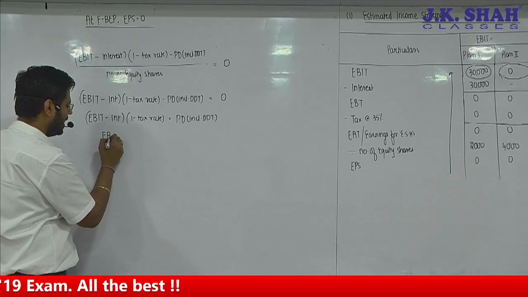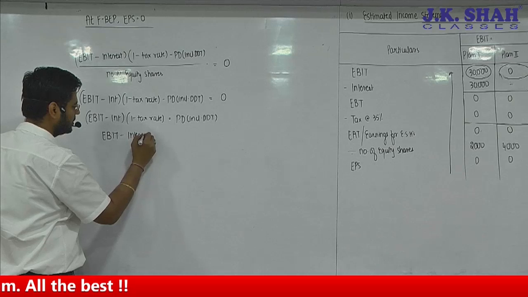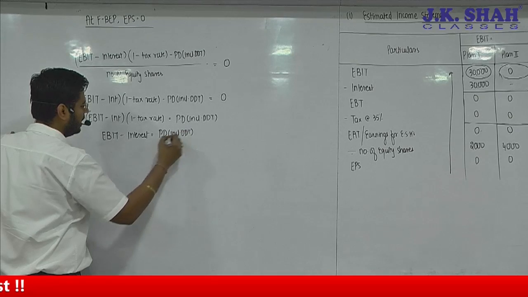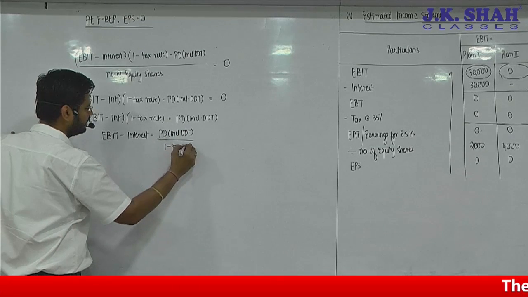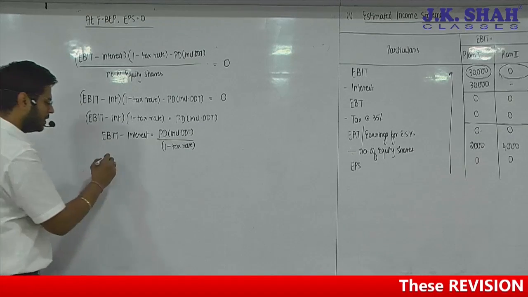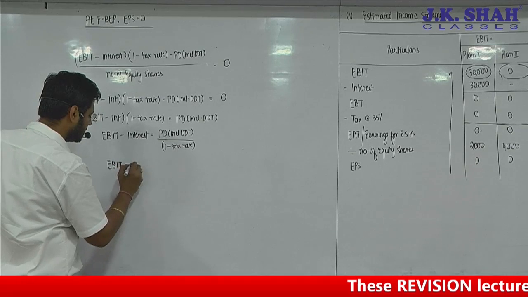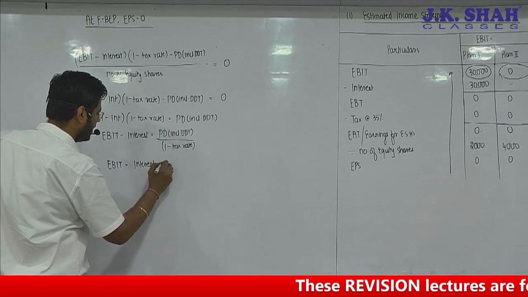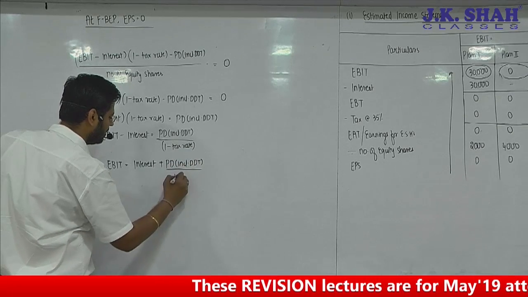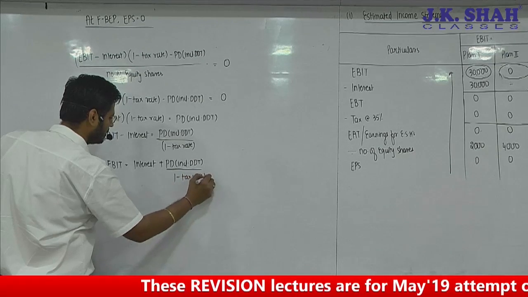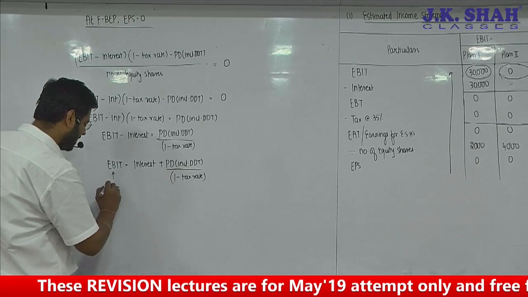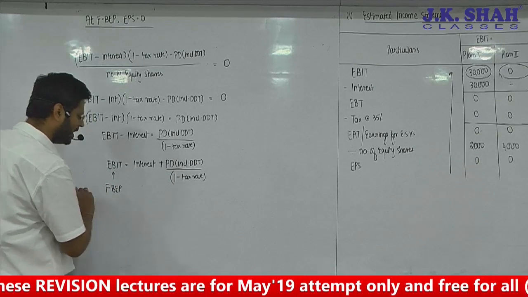So we say EBIT minus the interest is equal to preference dividend including the DDT by 1 minus the tax rate. Now we take interest onto that side, so we get EBIT equals interest plus the preference dividend including DDT by 1 minus tax rate. Are you getting it? Now this EBIT calculated will be technically termed as FBEP, the financial break-even point.